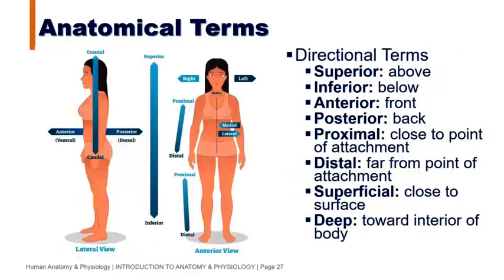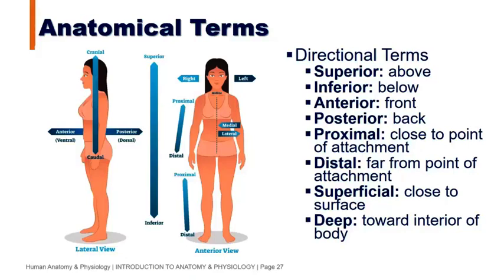We have more directional terms here. In this photo, you have the superior, which is basically an arrow that shows above, and inferior is a direction that shows going down or below. Then we learned about anterior a while ago, which is facing in front, and posterior is facing the back.